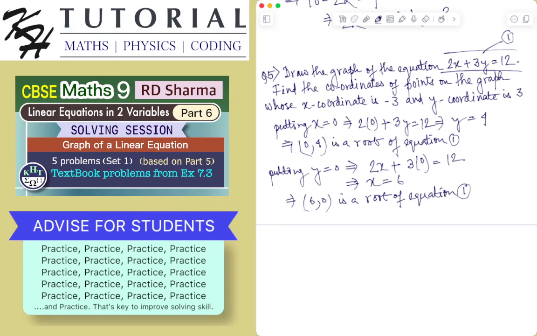So I got 2 points (0, 4) and (6, 0). That is not 2 points but 2 roots of the equation. And I know that a root of a given linear equation is also a point that lies on the graph of that equation.